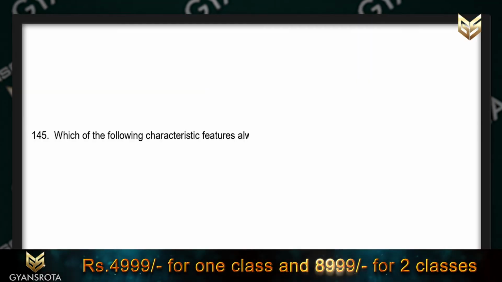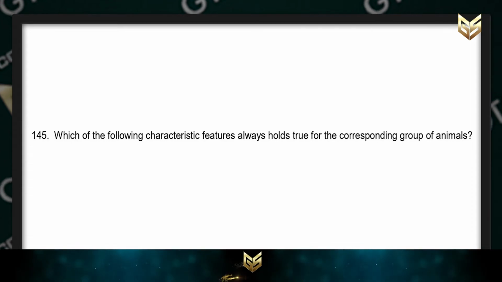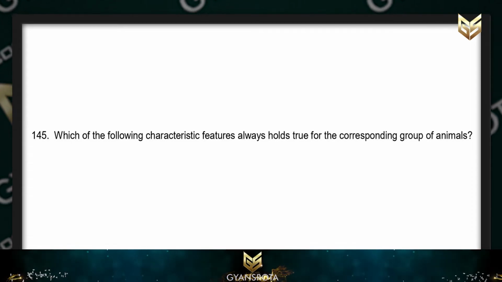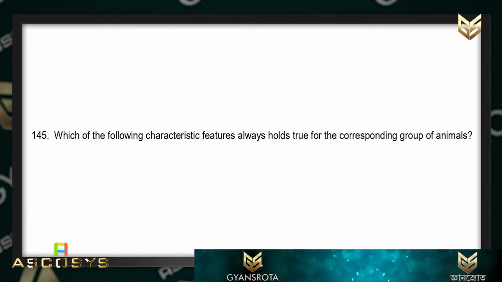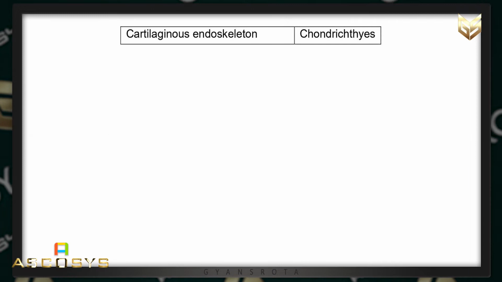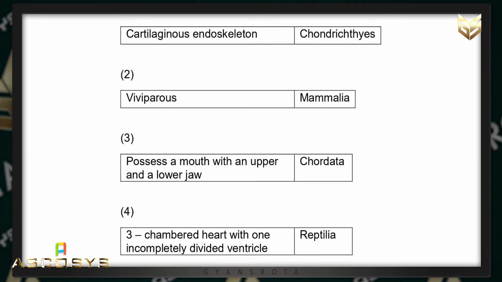In this question number 145, you can see the question, which of the following characteristic features always holds true for the corresponding group of animals? Option number 1, cartilaginous endoskeleton, that is chondrichthyes. Next, option number 2, viviparous, mammalia.